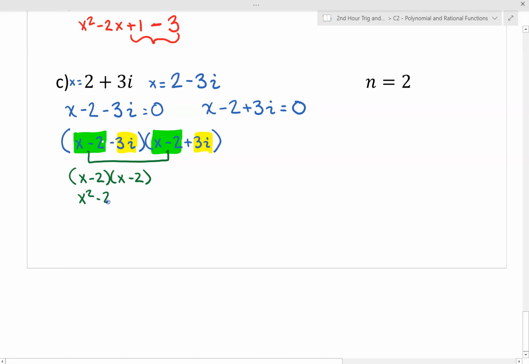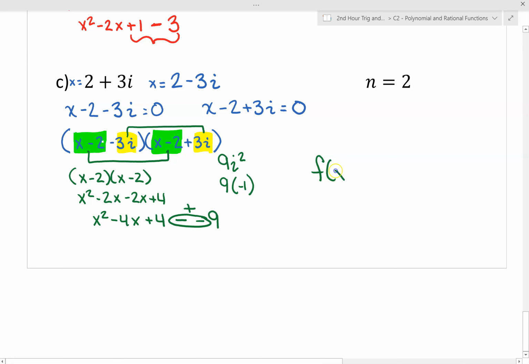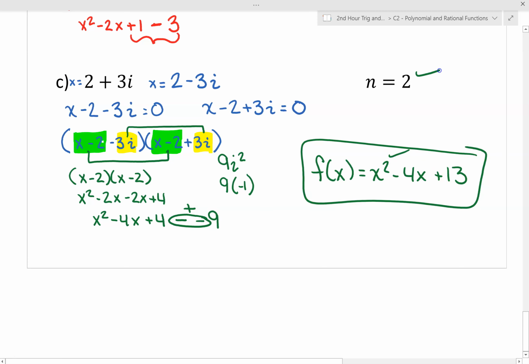So it'd be x squared minus 2x minus 2x plus 4. Add those middle terms together. There we go. Minus. Now we multiply 3i times 3i. So that's 9i squared. But i squared's a negative 1. So that changes to a negative 9. But two negatives make a positive. So we're going to have f of x equals x squared minus 4x plus 13. 2 and 2. So we know that we did good.